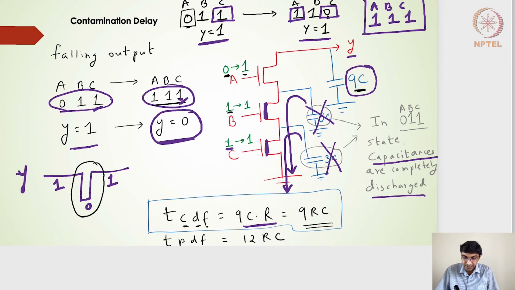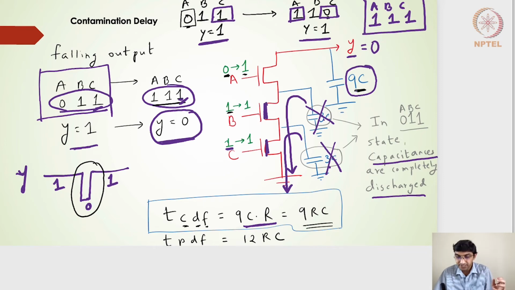At this particular stage itself, 0, 1, 1, both these 3C and 3C capacitances are discharged to 0. So the only capacitance that has to discharge to 0 to give us an output of 0 here is this 9C capacitance, and thereby the delay is associated with this 9C capacitance and not with the 3C and 3C. But since this output 0 is a contaminated output, we call it a contamination delay, which turns out to be 9RC.